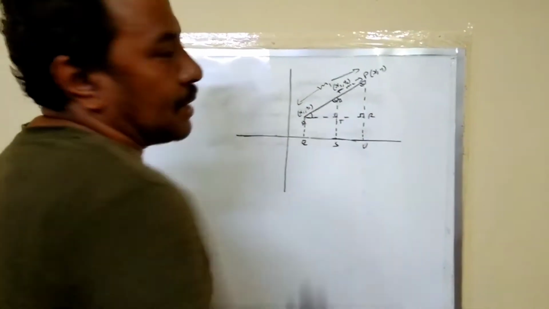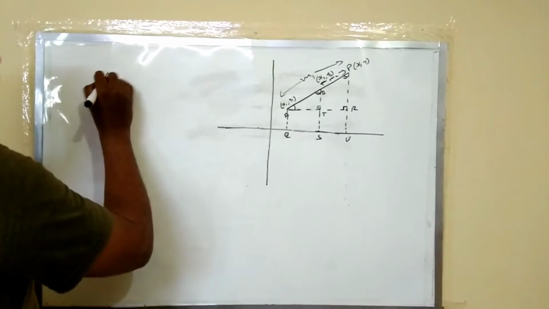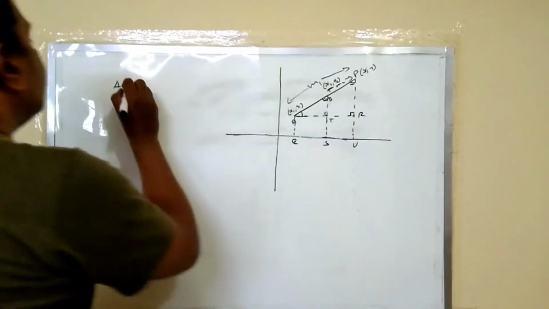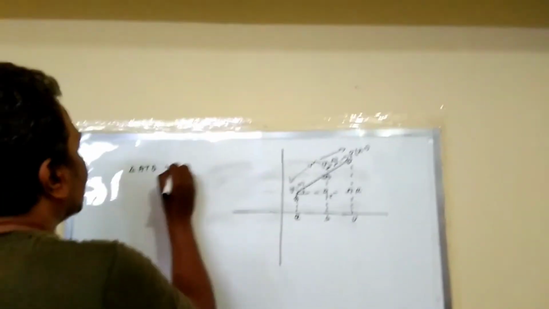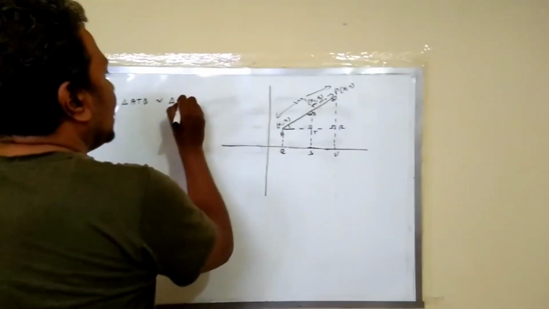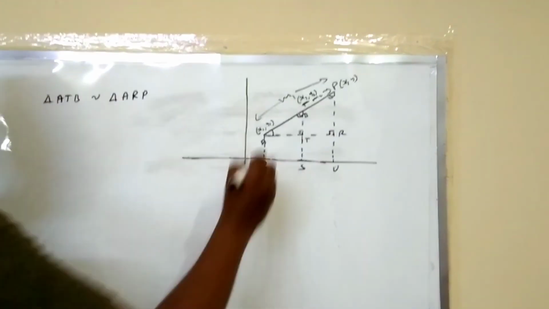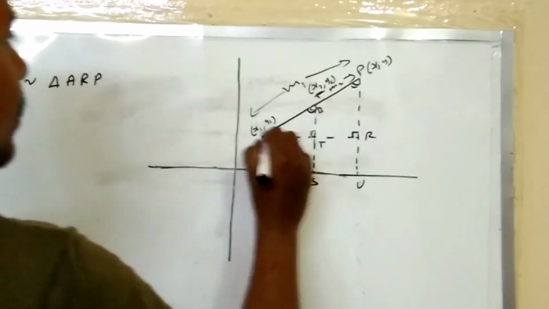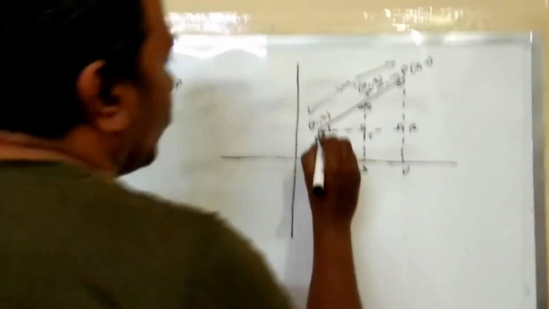So these two are similar triangles. Triangle ATB is similar to triangle ARP. Okay. Now, what about this AT?